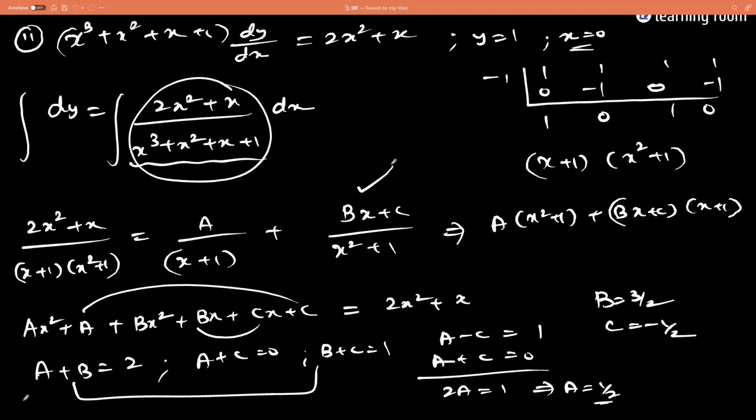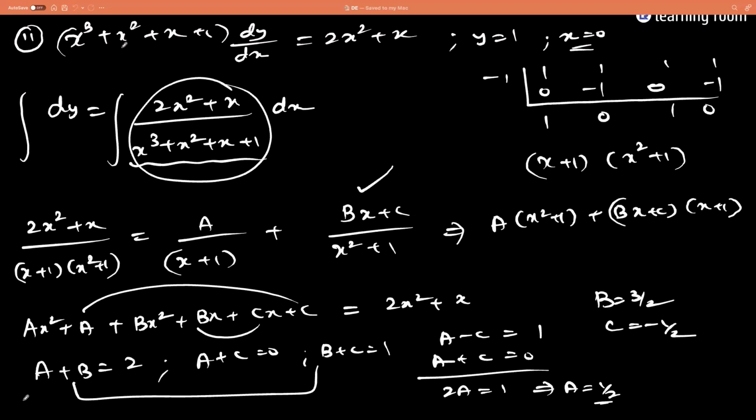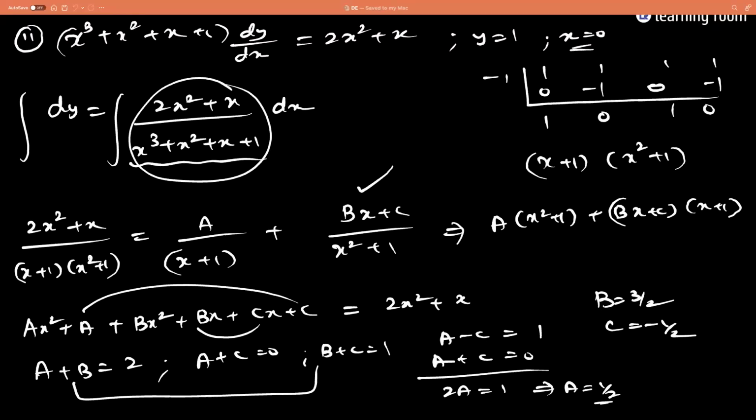Take this and substitute it here, and so left hand side you have dy. So integral of dy is equal to integral of half divided by x plus 1. So half into dx by (x plus 1) plus integral of, 2 is common in the denominator.